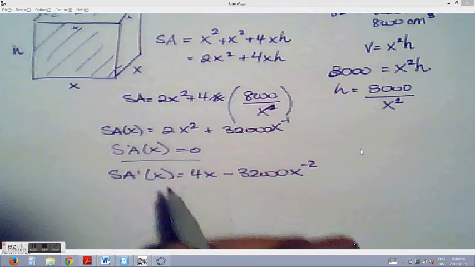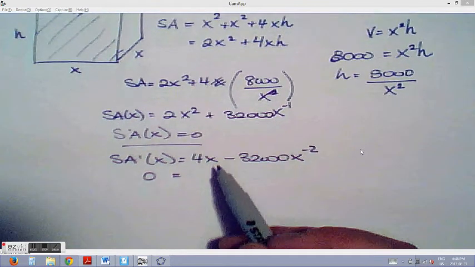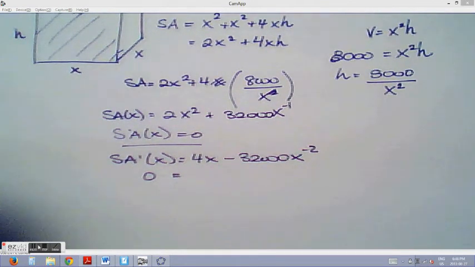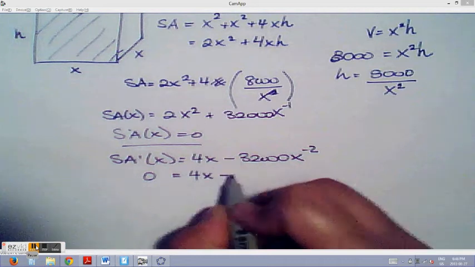And I'm going to set that equal to 0. What can I do here? Well, I can factor out a 4. And that's about it. But I don't know if I need to yet. So let's just carry on.